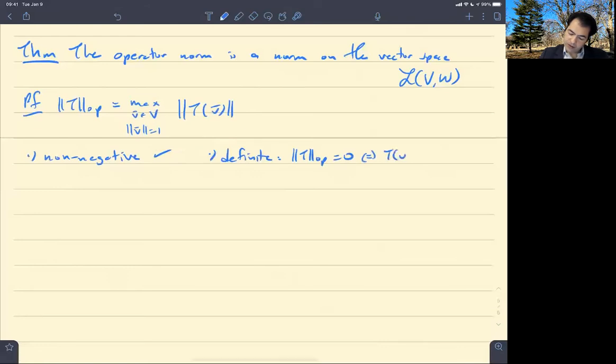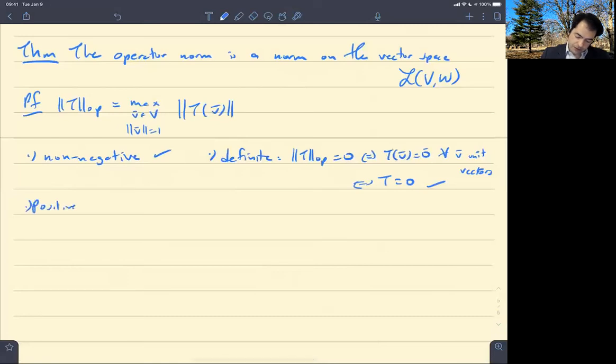So this is the same as saying T of V is equal to 0 for all unit vectors V. But if a linear map is equal to 0 on all unit vectors, then T is just identically equal to 0. So it is definite.